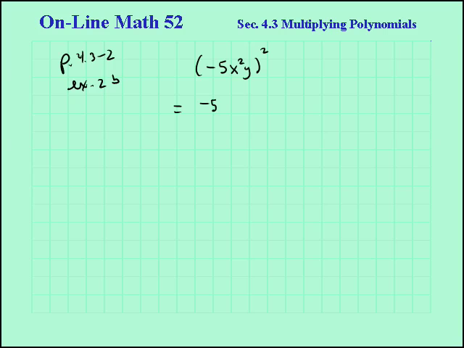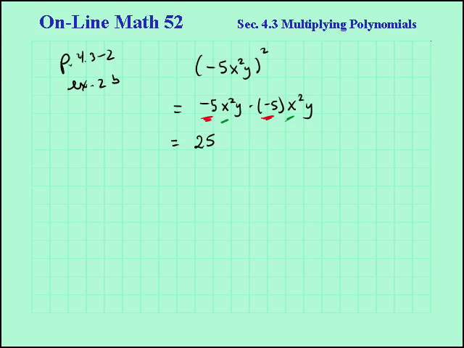That's negative 5 x squared y times, I'm going to put this negative 5 in parentheses so that it doesn't look like we're subtracting anything, because we're not. It's all multiplication, negative 5 x squared y. And just as we saw before, we're going to multiply the numbers together. Negative 5 times negative 5 is positive 25. And we'll multiply the x's together, x squared times x squared.